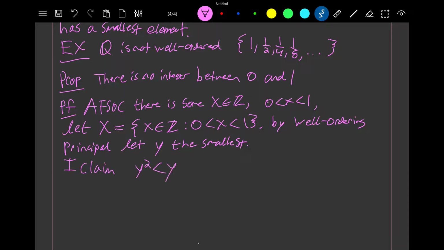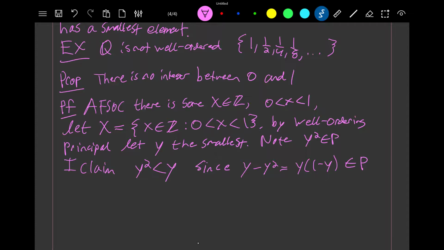Now, let's consider y squared. I claim that y squared is less than y. Note, y squared is positive, because y is positive, and a positive times a positive is a positive. So y squared is less than y. That just means if we look at y minus y squared, this is y times (1 minus y). This has to be positive, because we know y is positive by definition.